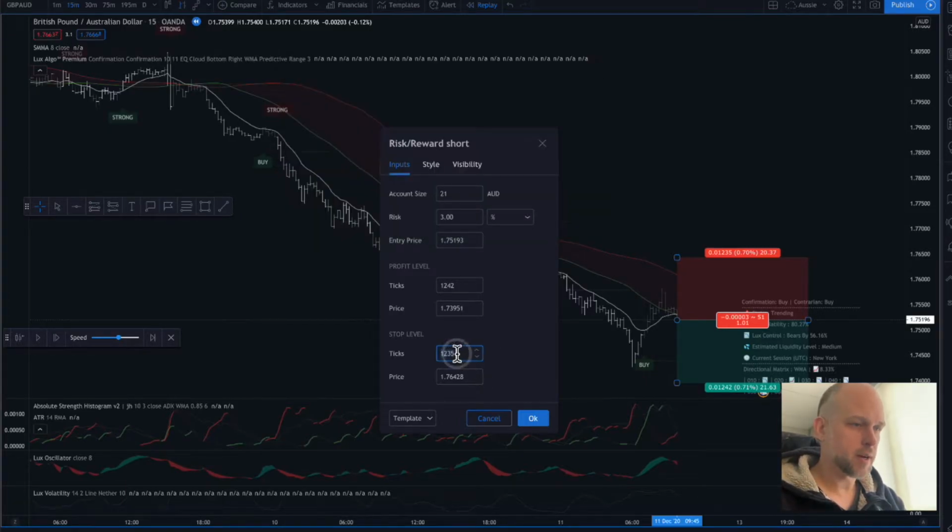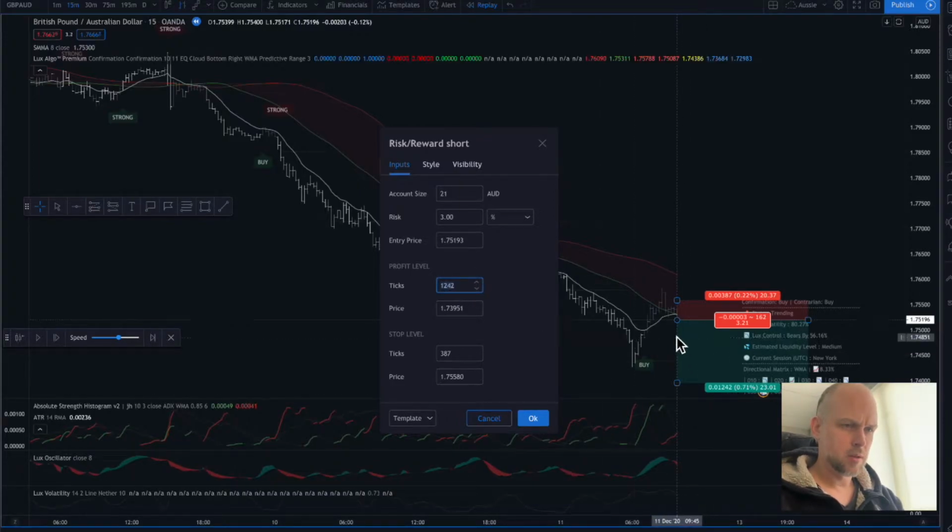So 355, and I just round it up to 356, but I have to include my spread. With my broker, I don't know, but I'm just going to use the TradingView spread here, which is an additional 3.1 pips. Seems a little high. So that means it's going to be 387 for stop loss. And for my take profit, I'm taking my ATR and multiplying it by 2.